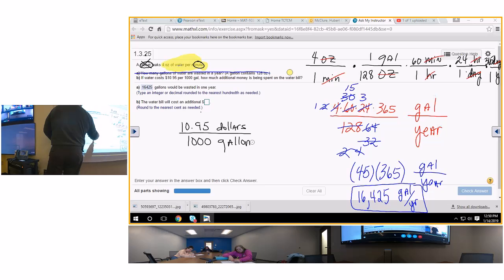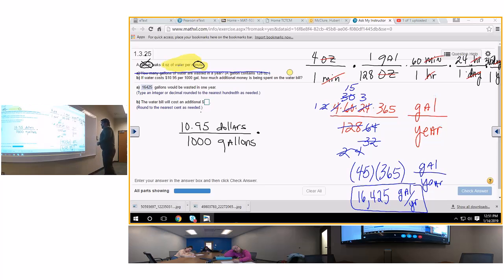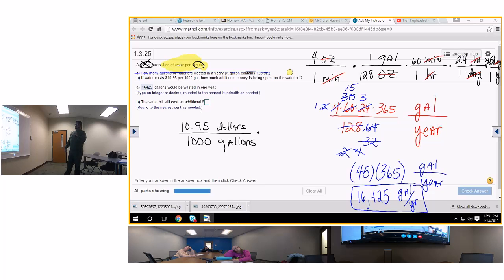All right, now I want you to set up the next one based on what we got over here. We've got gallons per year. So we're gonna have to put the gallons on top, right?